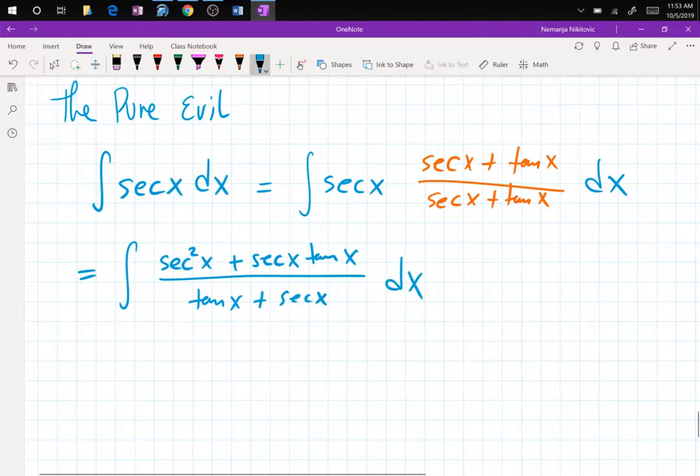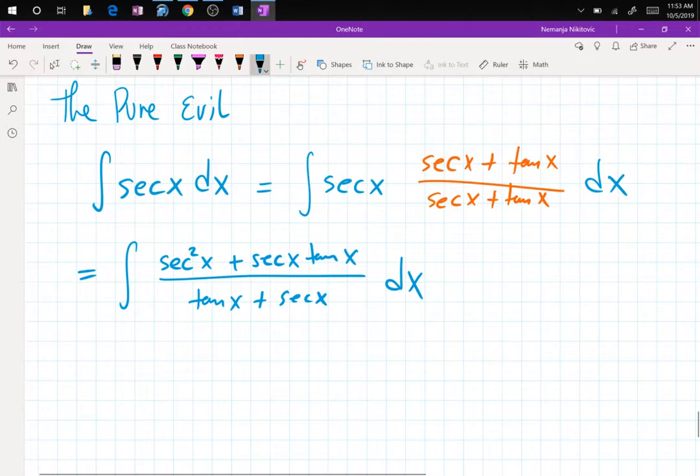So if you take a look, the orange stuff is 1. But it's the particular function that makes it into a transformation that you have down there.